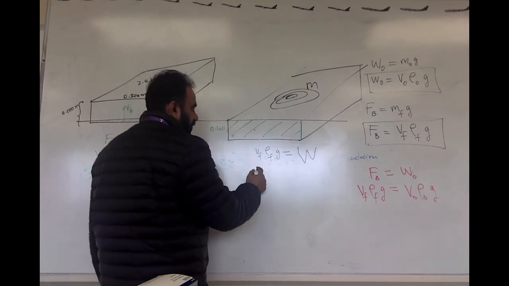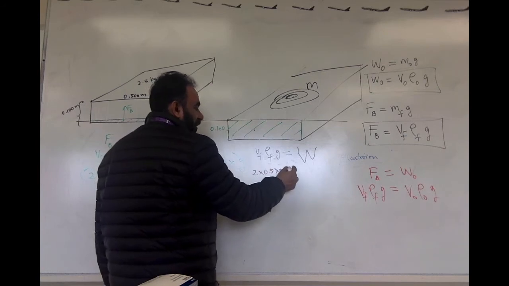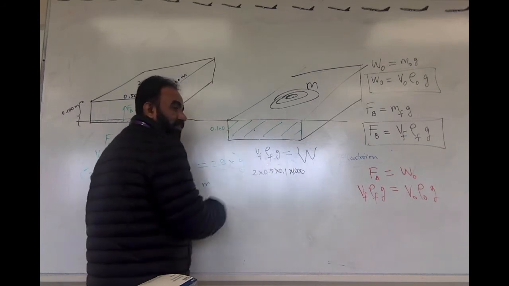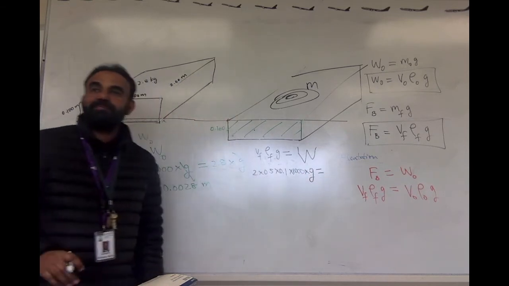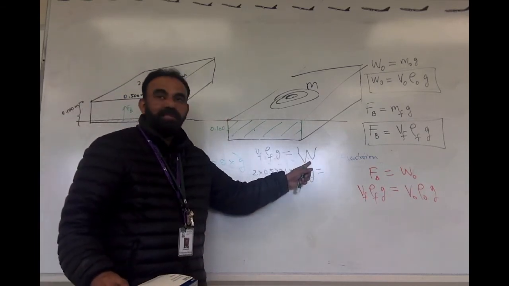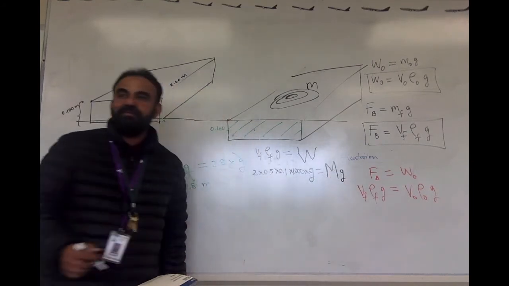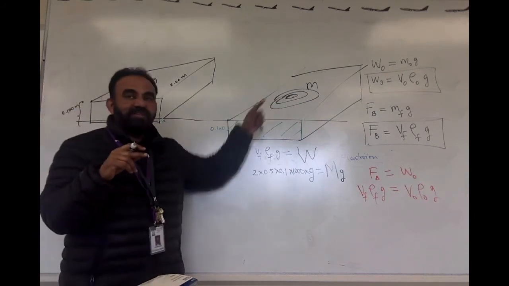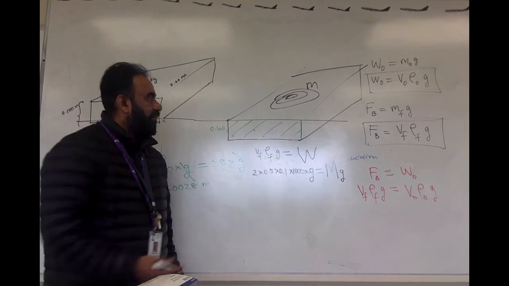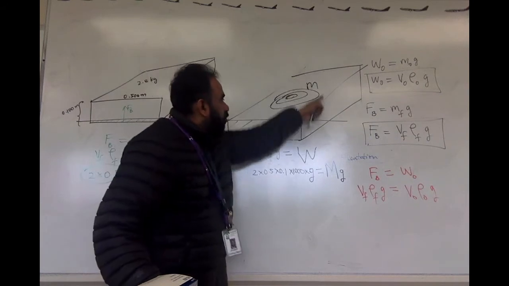So what's the volume? 2 times 0.5 times 0.1, times 1,000, which is the density of water, times g is equal to the entire weight, which is the entire mass times gravity. The entire mass, not just the mass of the extra stuff. Remember, the mattress itself is 2.8 kilograms.